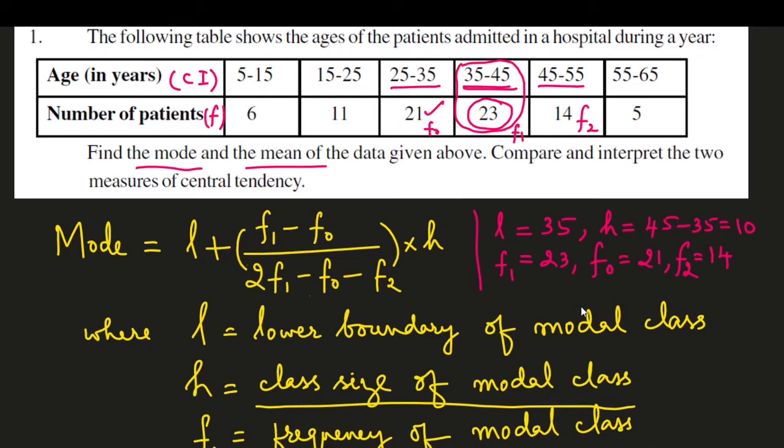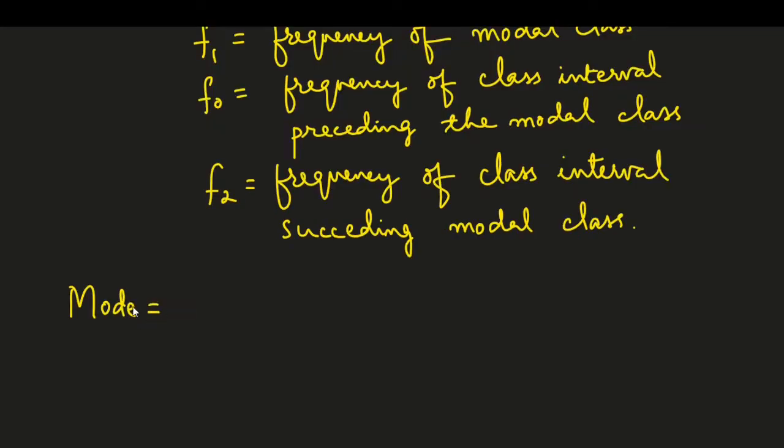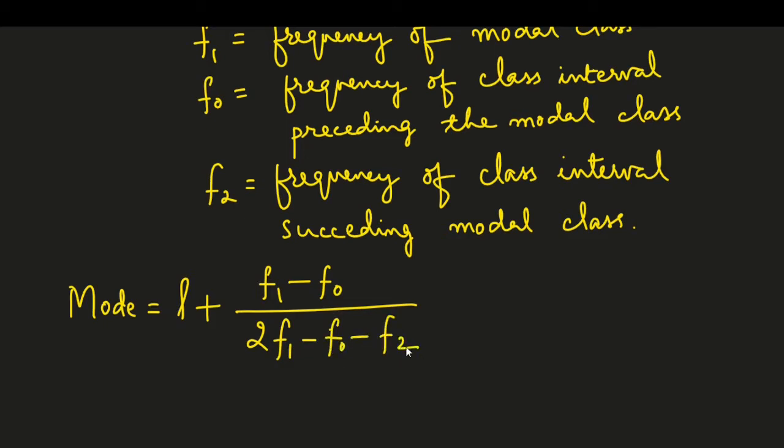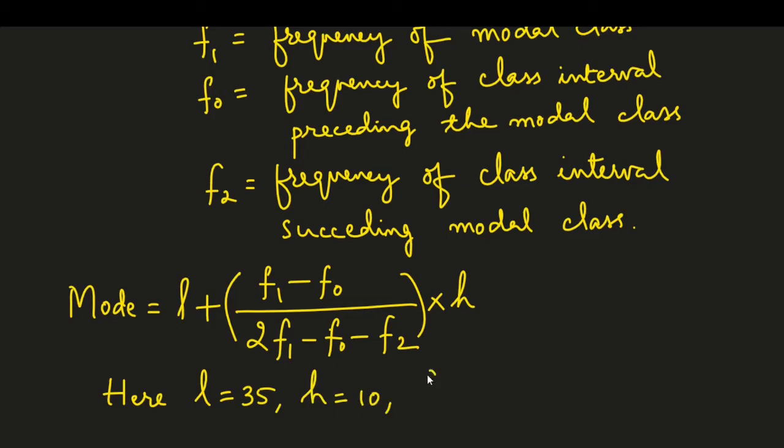Let us substitute and find the value. Mode is equal to, I am writing the formula again here, L plus (F1 minus F0) by (2 F1 minus F0 minus F2) into H. Here L is equal to 35, H is equal to 10, F1 is 23, F0 is 21, F2 is 14.